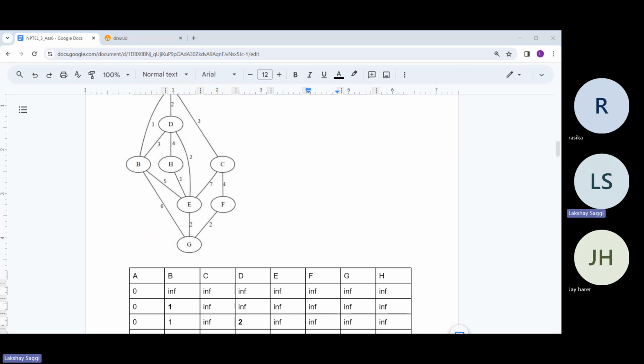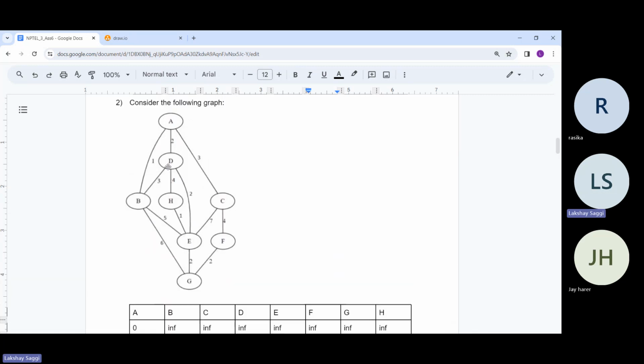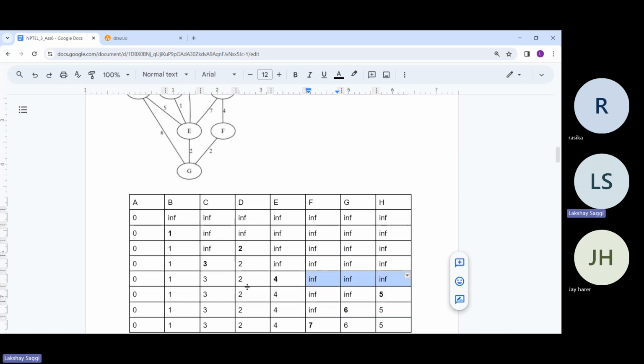So how do we find the minimum distance of H here? If we go via D, then the H to D edge will be of length 4, and D itself was at a distance of 2, right?